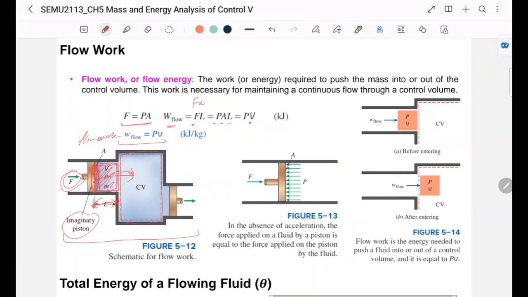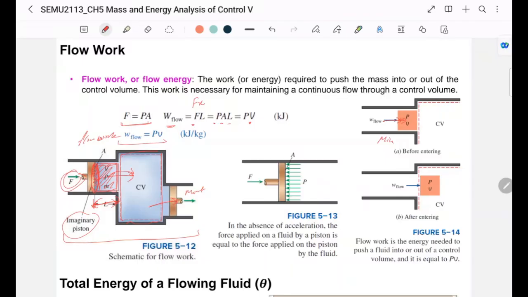Okay, when you push the air in, which is equal to the mass in, sorry, there's no rate here, so I should just write it as mass in. So mass in is pushing air into the control volume. Equally, if mass out, the control volume is pushing the air out from it as well. So we define it the same way, pressure multiplied with the volume, just that now it's negative.